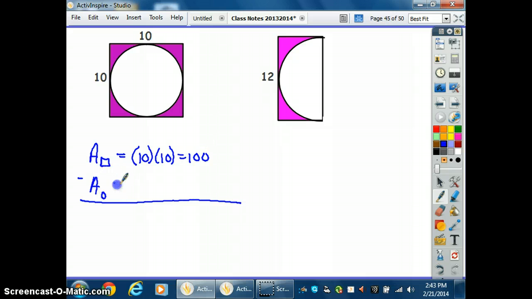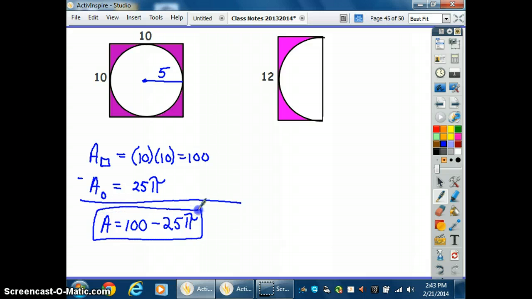The area of the circle, well, the radius here, if this is 10 clear across, then half of it must be 5. So the area of the circle is 25 pi, right? Pi r squared. So the answer is 100 minus 25 pi.